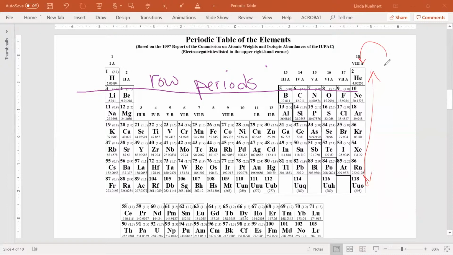So groups and families are the vertical, similar chemistry. Rows, also called periods, are arranged in increasing energy. We'll talk a little bit about that later on.